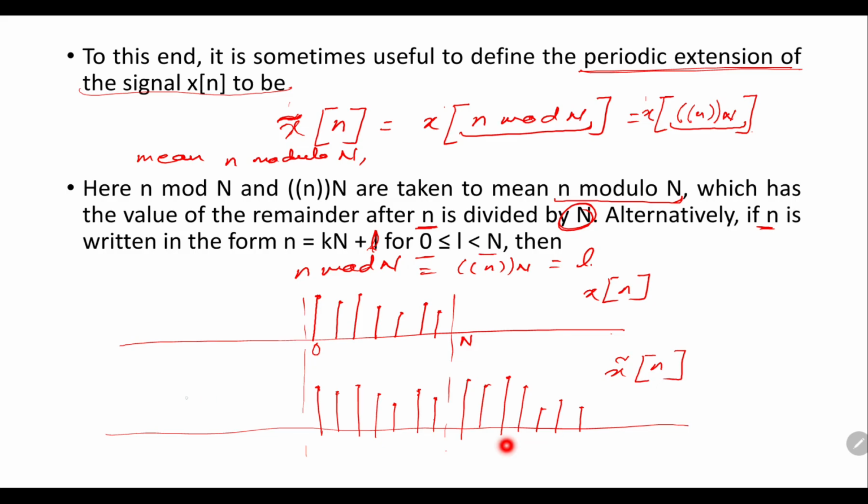The signal on the left of this is also like this, from 0 to capital N. This is for signal x[n].